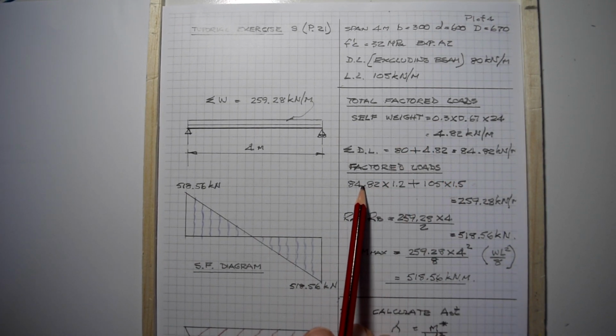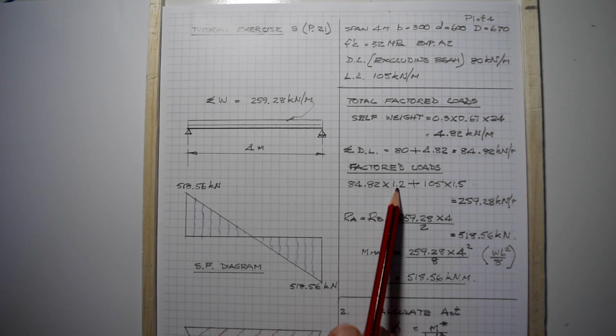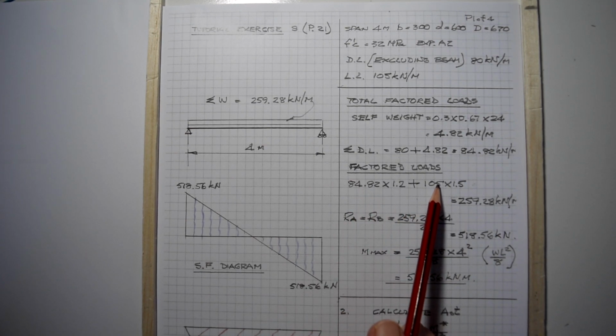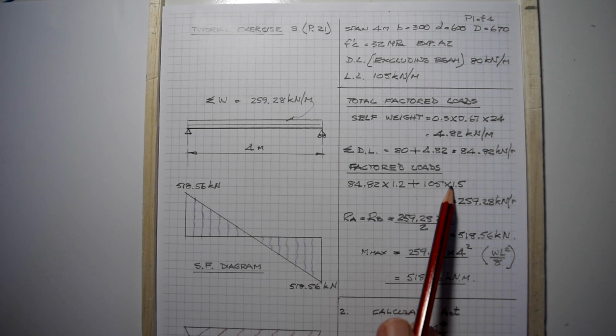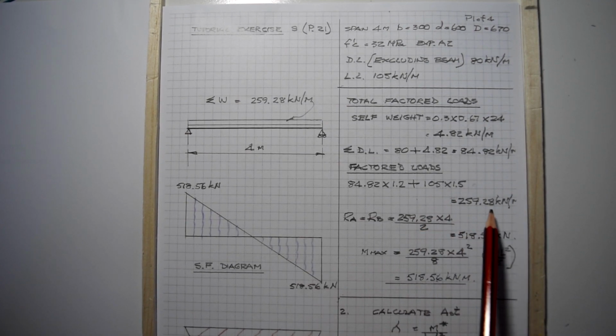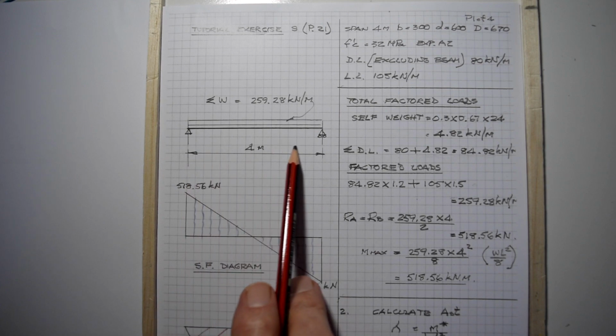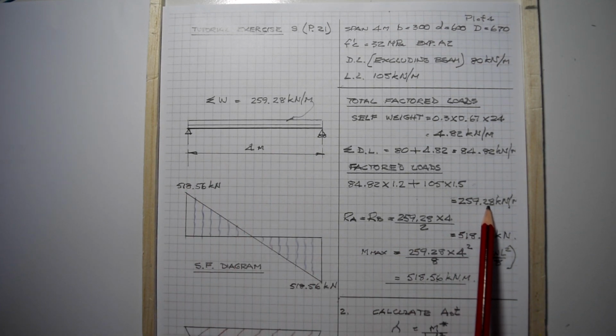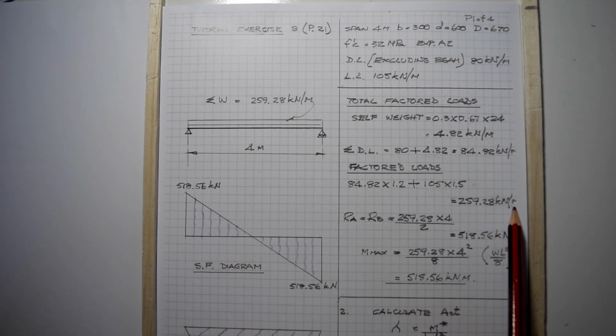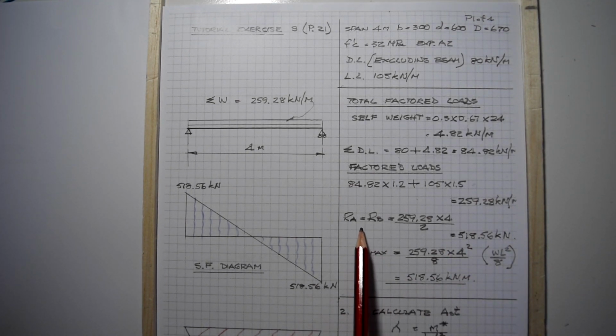We've got 84.82 being the dead load by 1.2, plus the live load of 105 kilonewtons by 1.5, which gives us the total load per meter along the 4 meter beam of 259.28 kilonewtons per meter.